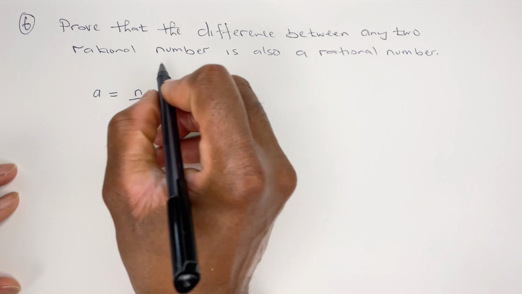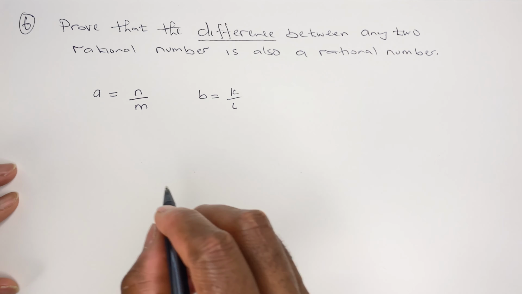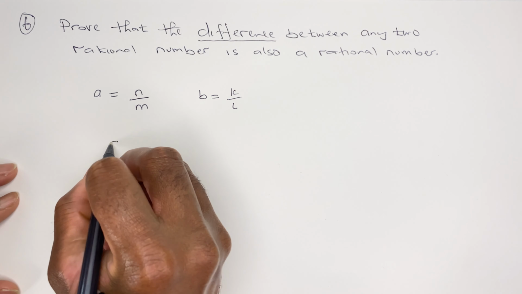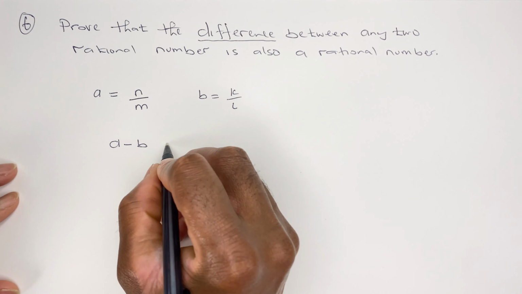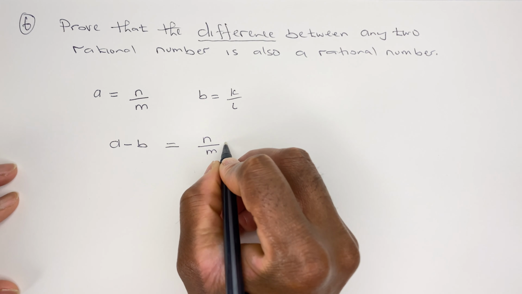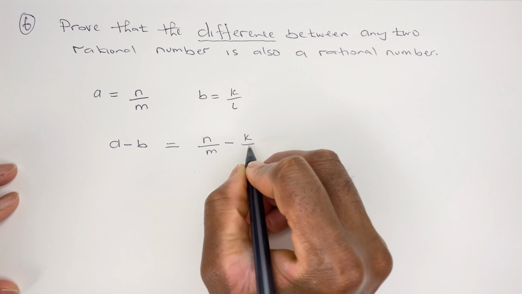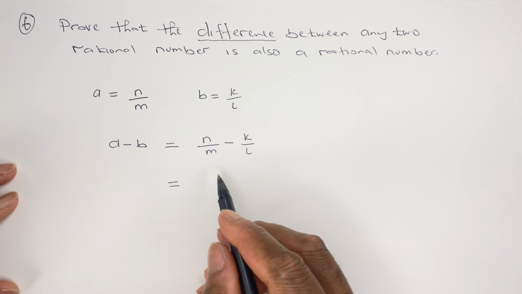And the word difference means minus, difference means take away. So what we're going to have is the difference, which is A minus B, which can be n over m minus k over L. And in this case, we need a common denominator.